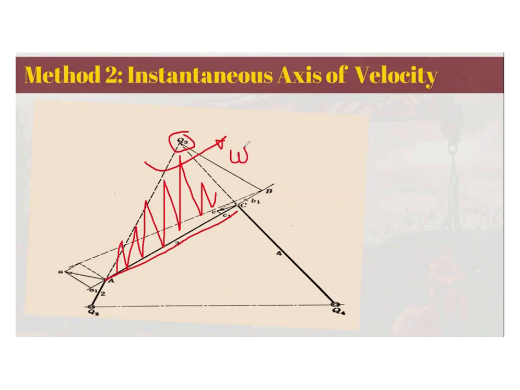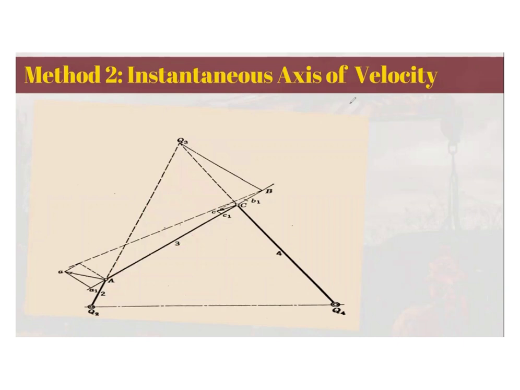So the instantaneous axis of velocity method is useful in finding the angular velocity of a link on a mechanism, using the idea that at a common centro, the angular velocity is the same. As you can see, the angular velocity at A, at C, at any point in this portion will just be constant, and that is your omega.